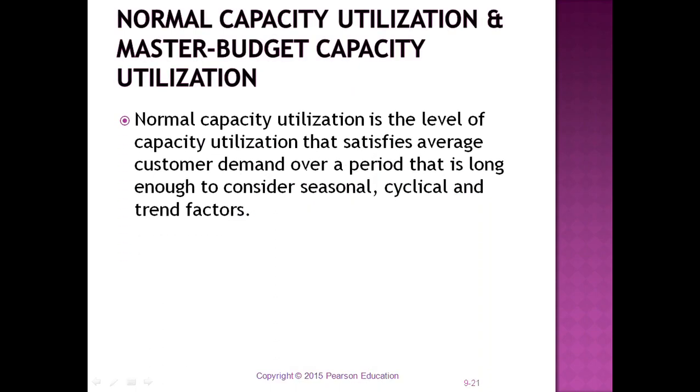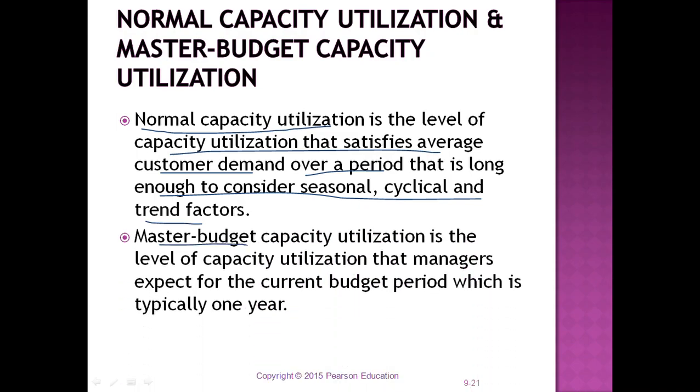So let's define the normal capacity utilization level. The normal capacity utilization level is that level of capacity utilization that satisfies the average customer demand over a period of time that is long enough to consider the seasonal, cyclical, or any other trend factors.